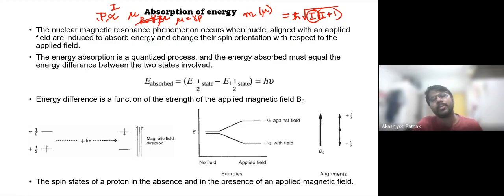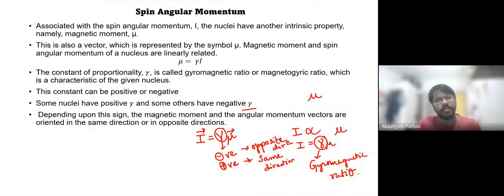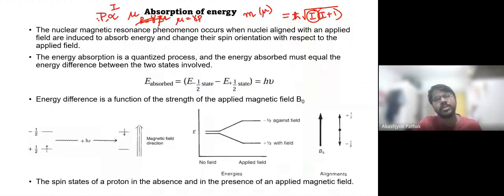The nuclear magnetic moment is directly proportional to the spin angular momentum, and they are related by this gyromagnetic ratio gamma. We also learned that in presence of an external magnetic field, this spin will acquire different spin states. It can have spin states from minus I to plus I, and there will be 2I plus 1 spin states.